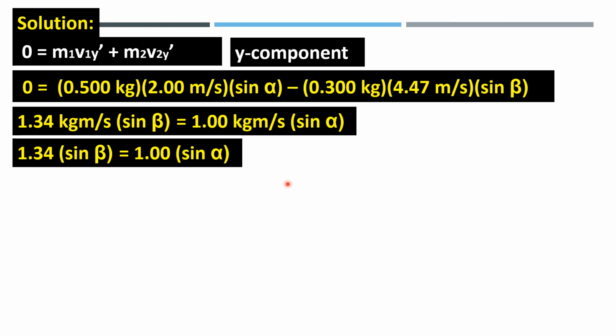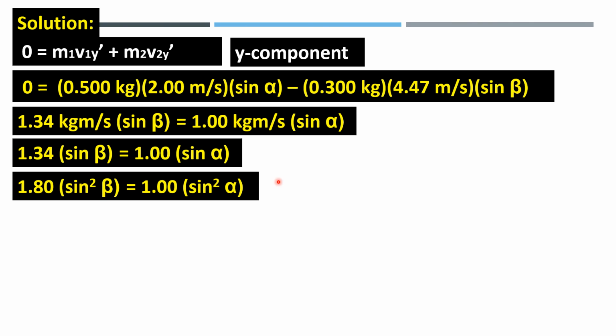What did we do earlier for the x component? How did we proceed? We also squared this equation. So when you square this equation, the square of 1.34 is 1.80. Sine beta squared is sine squared beta.